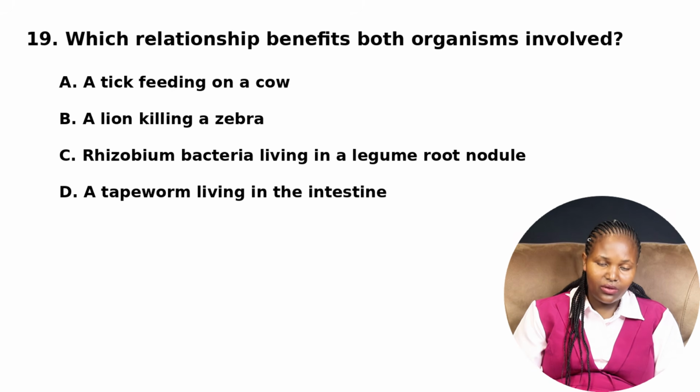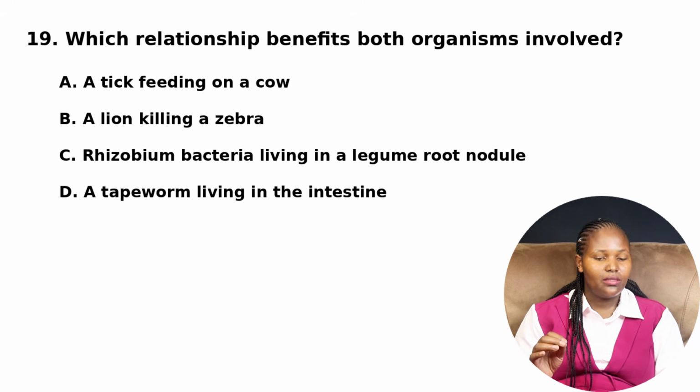There, definitely the correct answer is bacteria living in the legume root nodule. Why? Because bacteria obtain shelter while the plant gains usable nitrogen. The bacteria in the root of the plant help that plant to gain nitrogen, and the bacteria, in this case called rhizobium, get shelter.